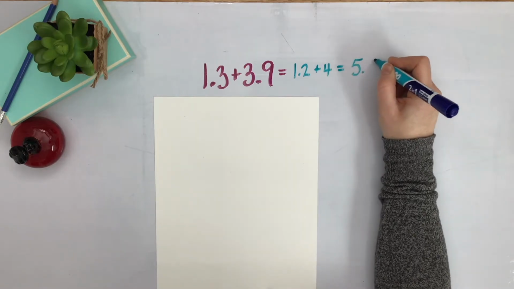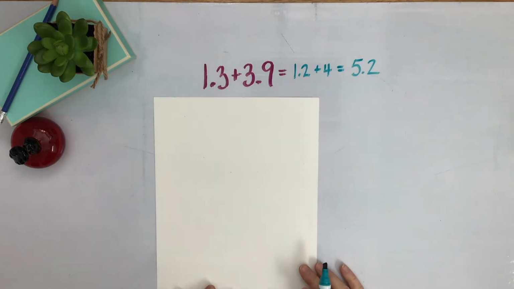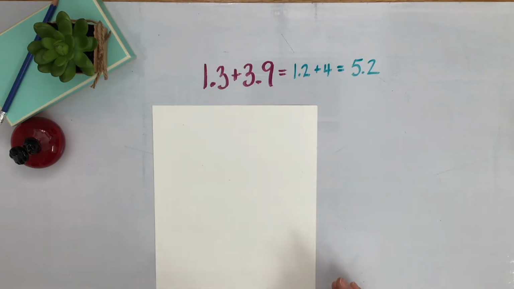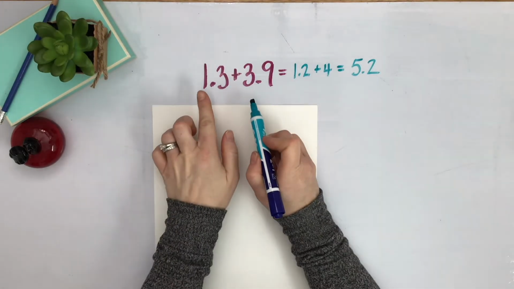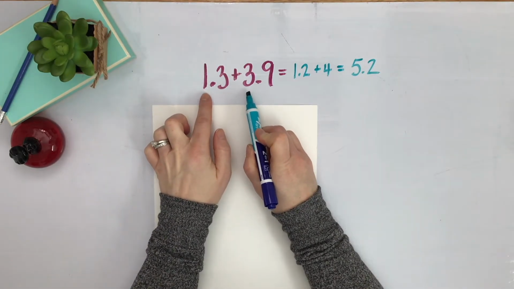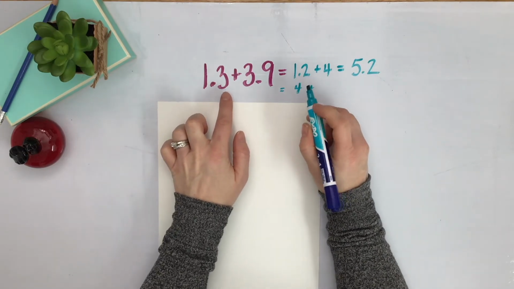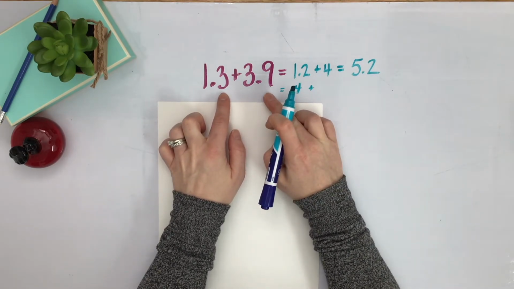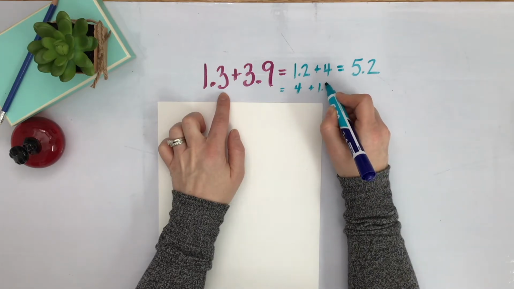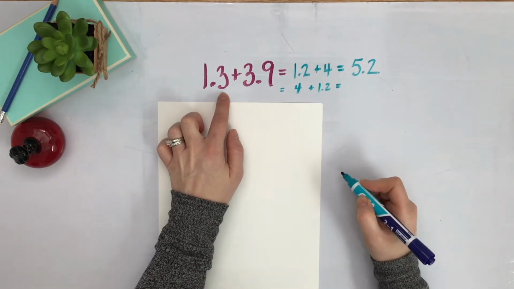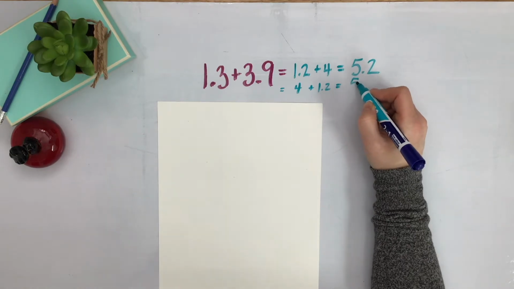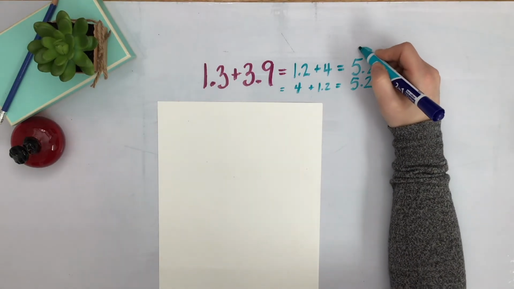5 and 2/10. Maybe you like the partial sum strategy better, so maybe you're thinking, okay, 1 and 3 is 4. 3/10 plus 9/10 gives me 12/10, which looks like this. And put it all together, I still get my 5 and 2/10 either way.